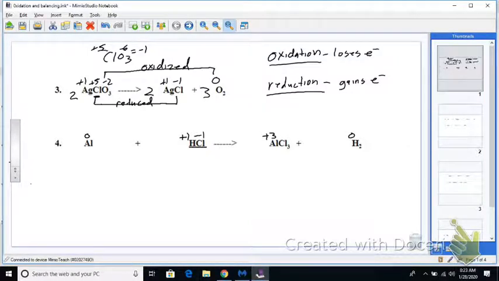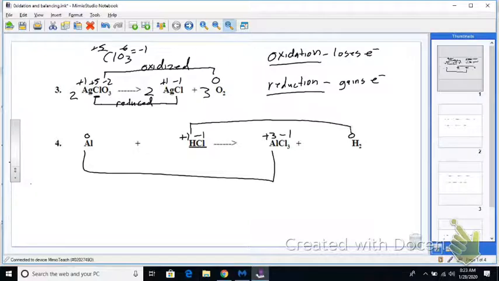So then what we would do is we'd say, okay, what's changing in value? Oh, chlorine's a minus 1. Thank you. Sorry. So what's changing in value? Aluminum and hydrogen. So is aluminum oxidized or reduced? Oxidized. Very good.